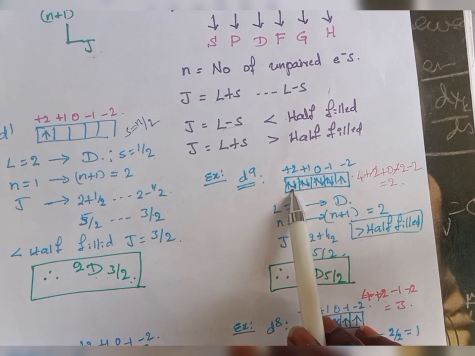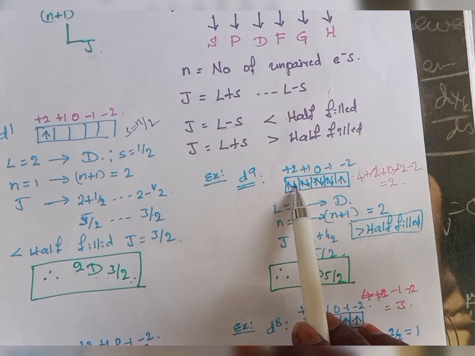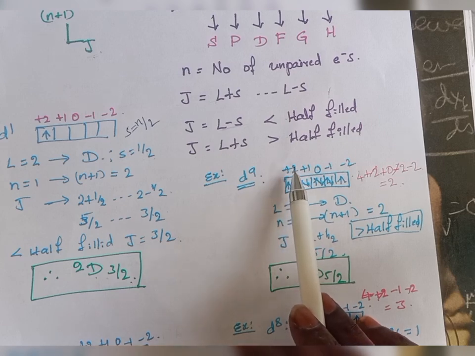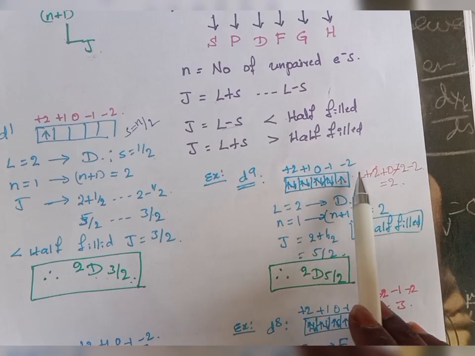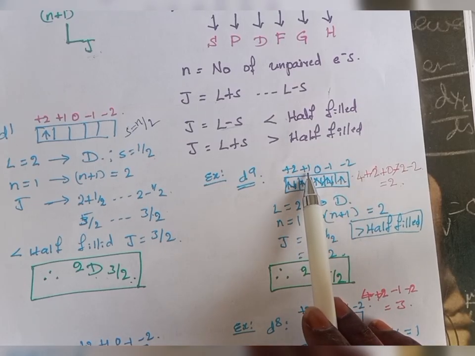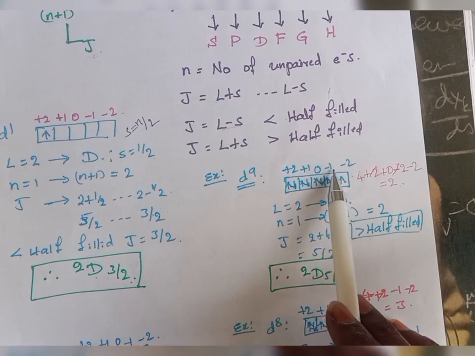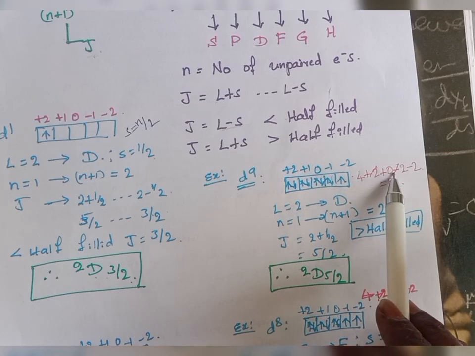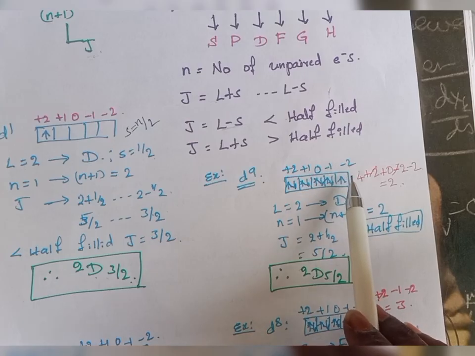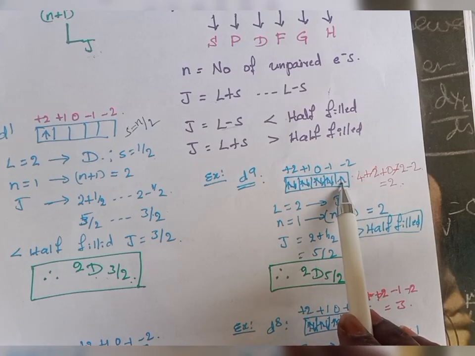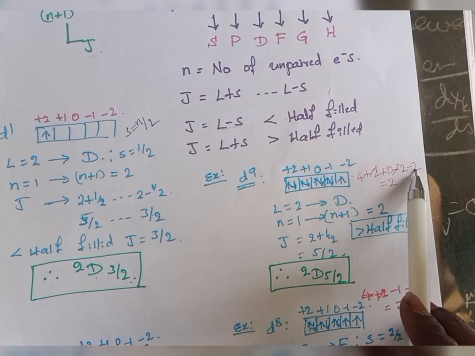So here we have to count: 2 electrons at plus 2 gives 4. 2 electrons at plus 1 gives plus 2, so 4 plus 2. Then 0. And minus 1 with 2 electrons gives minus 2. And at minus 2, 1 electron is there, so we can write minus 2 only, right?